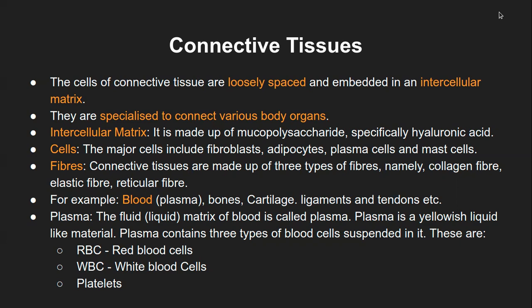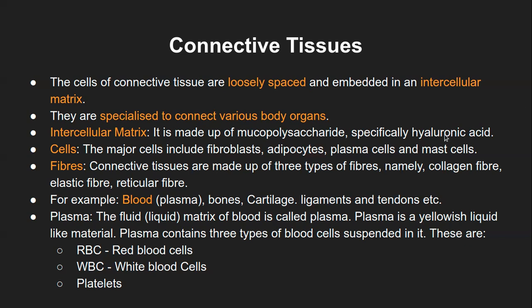Usually what we imagine of tissue is a solid mass, but this is an exception, known as fluid connective tissue, because plasma is fluid or liquid and it is a type of connective tissue. Connective tissue need not always be solid. So that is the exception, fluid connective tissue. In plasma, the cells, that is WBC, RBCs and platelets, are suspended. That is one example of connective tissue.